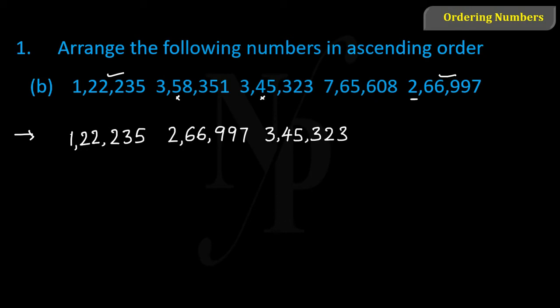3,45,323. And after that we will write down 3,58,351, because in the other number we have 7 here, which is the greatest among all the given numbers. So next number will be 3,58,351.